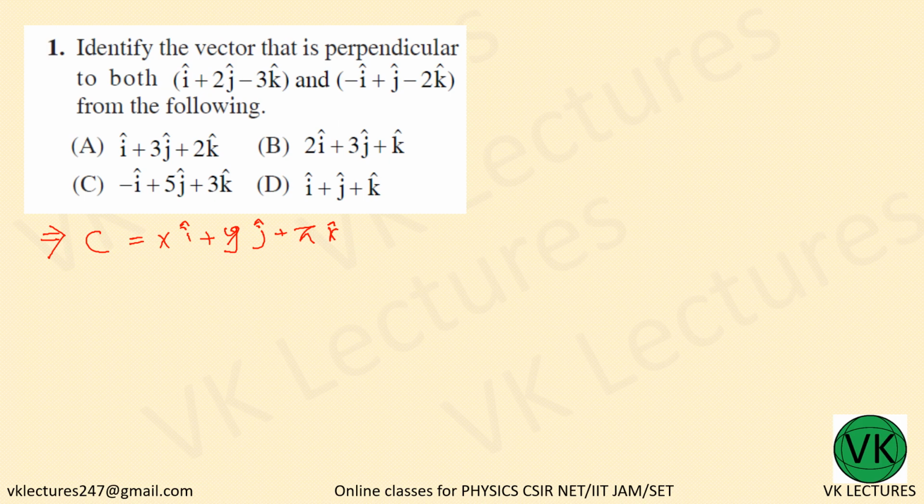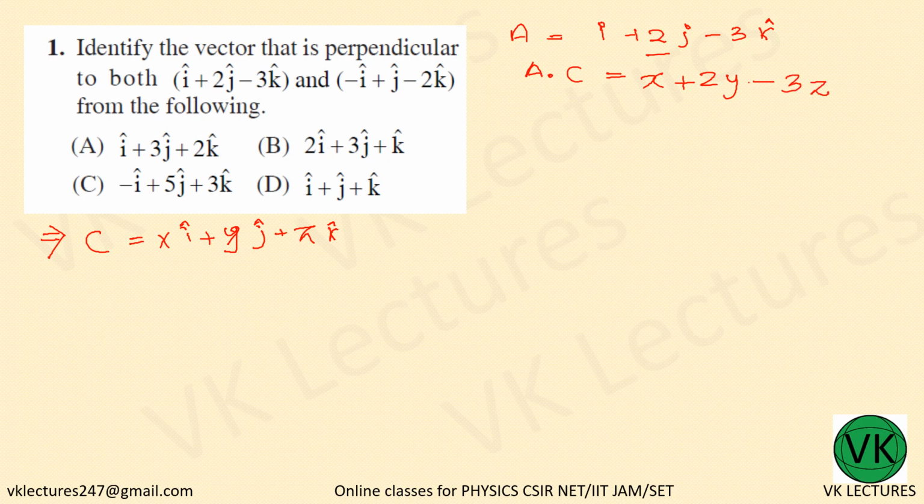One is A, which is equal to i + 2j - 3k, right? So here we can write A·C should be equal to, A is 1, so 1 times x, that is x, plus 2j times y, that is 2y, and minus 3 times z, that is 3z.